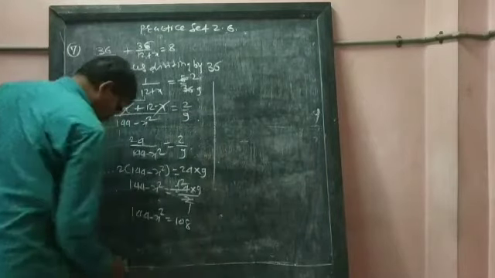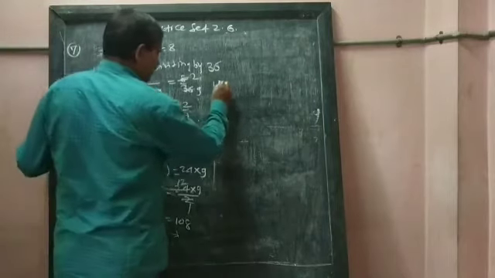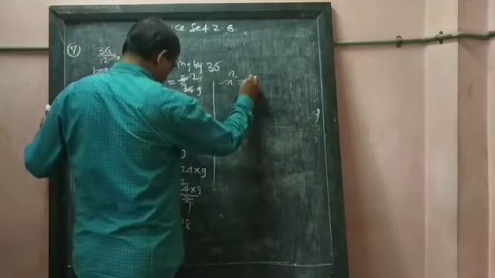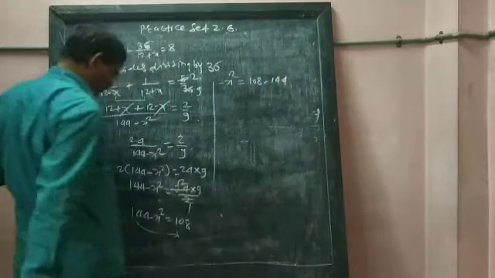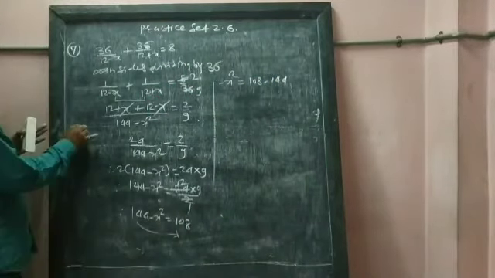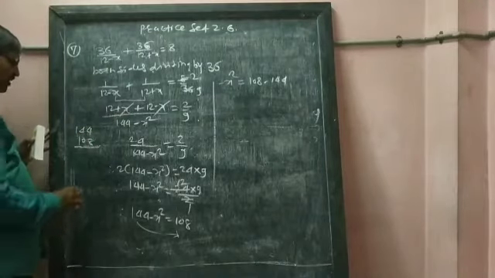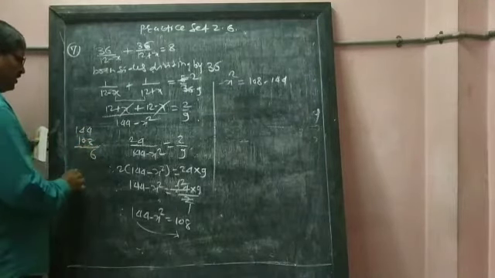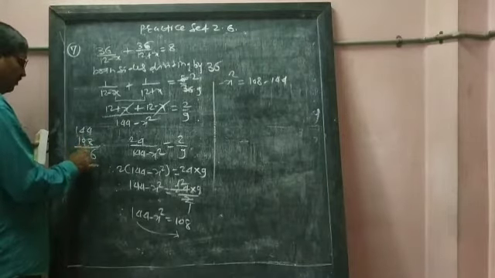Now this 144 also goes to the right hand side. What will happen? Minus x square is equal to 108 minus 144. So do the subtraction, 144 minus 108. 8 and how many make 14? 8 and 6 make 14. Carry 1. 1 and how many make 4? 3.